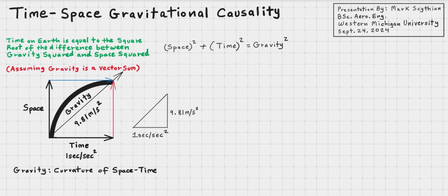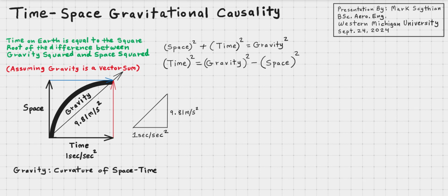So if we were to make a vector sum on a fundamental level, we would then have the square of space, two-dimensional space, plus time squared would equate to gravity squared.